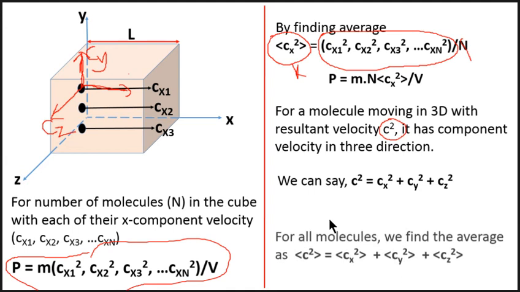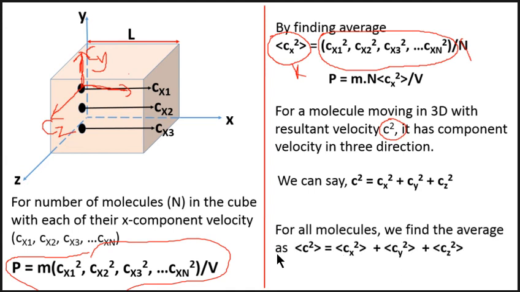So for all molecules, the mean square velocity equals the mean square velocity in the x component, plus the mean square velocity in the y component, plus the mean square velocity in the z component. With this, I'll be able to get the resultant mean square velocity or mean square speed.